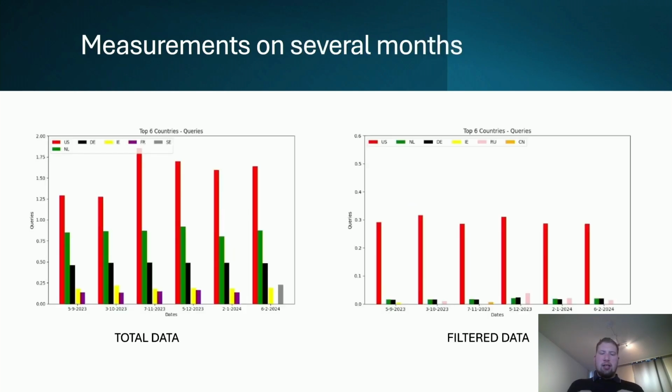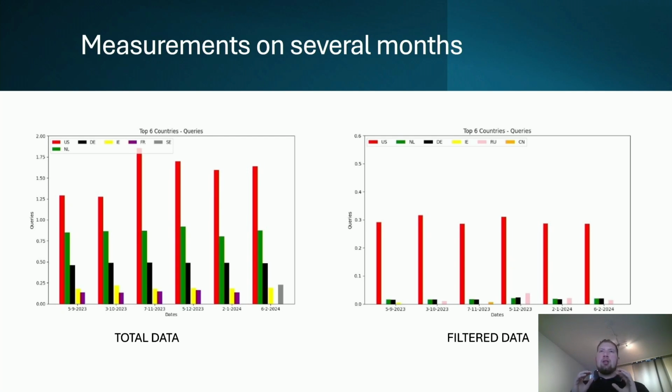Here we have an example of several months on .NL traffic. These measurements are separated between total and filtered data.